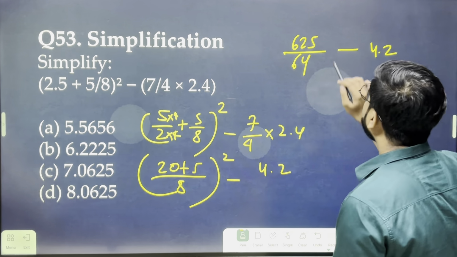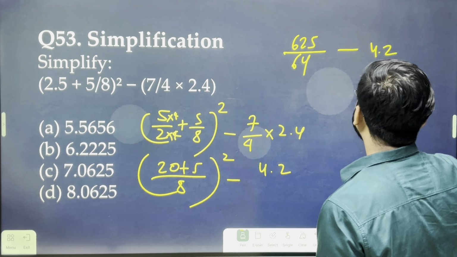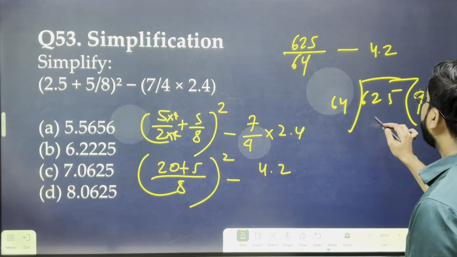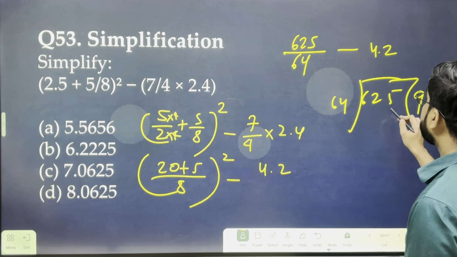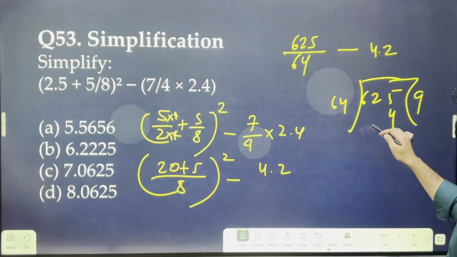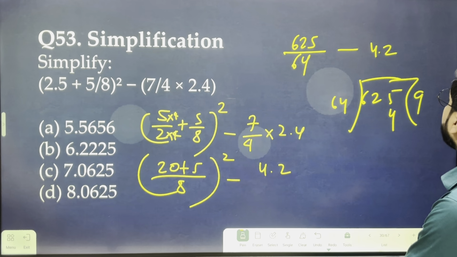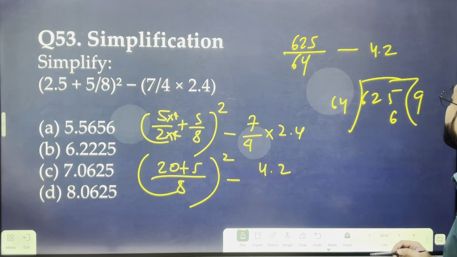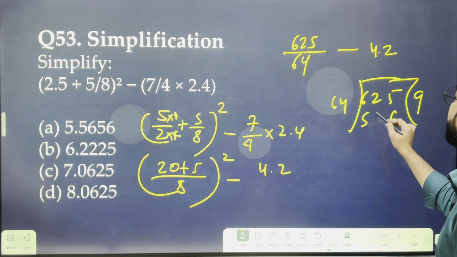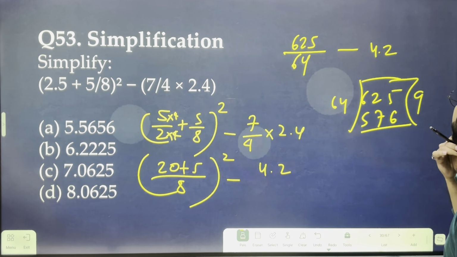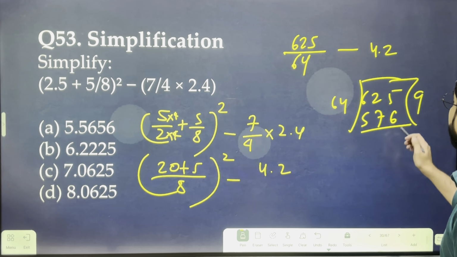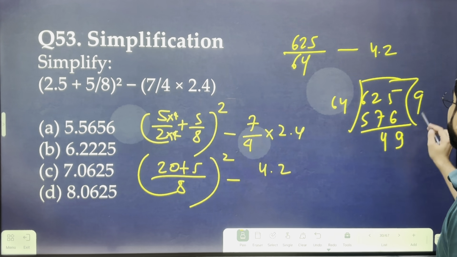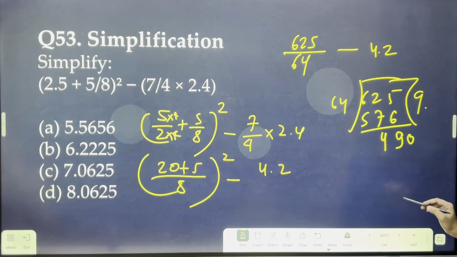So now we will divide this 625 by 64. Okay, so that becomes 9, 4, 6, 9 4s are 36, 3 carry, 9 6s are 54 plus 3, 57, 11 minus 6 9, here 11 minus 7, that becomes 4.0.